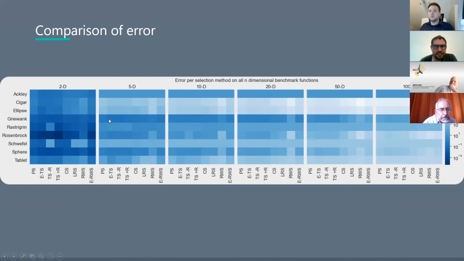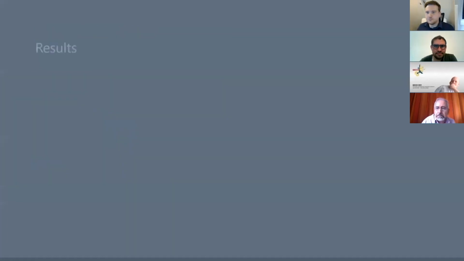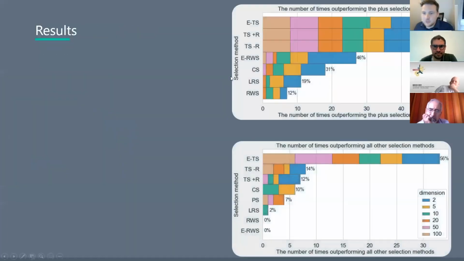So therefore, I think there's no real large reason why the elitist tournament selection outperformed the other tournament selection methods. Something which I didn't include here, but I've experimented with several times, I will give you a sneak peek. These are the results of the tournament selection methods with respect to the plus selection method only.